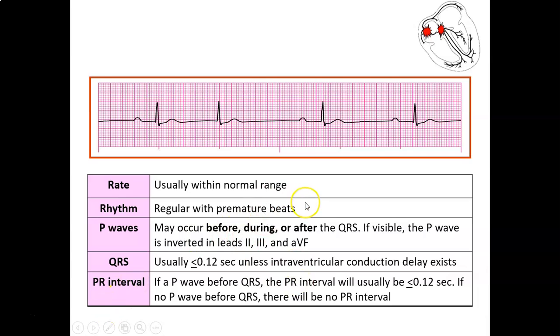Look at this example. Rate here is slow, rhythm is irregular. Can you see P wave? Here, yes, P wave followed by the QRS complex. But here, no P wave. In the second complex, no P wave, but QRS complexes are there. Again, P wave, QRS complexes, and finally P, QRS complexes.